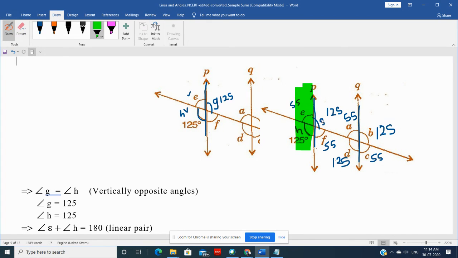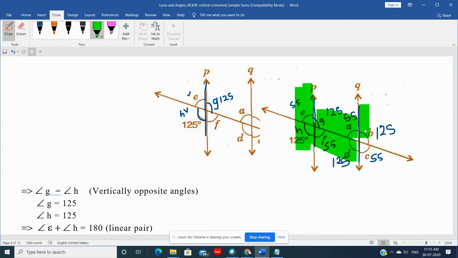Now, these two angles, that is G and A, are interior angles on the same side of the transversal, and they also sum up to 180. So this is correct. Now, if you look at this, F and D are also interior angles on the same side of the transversal, and their total is also 180.